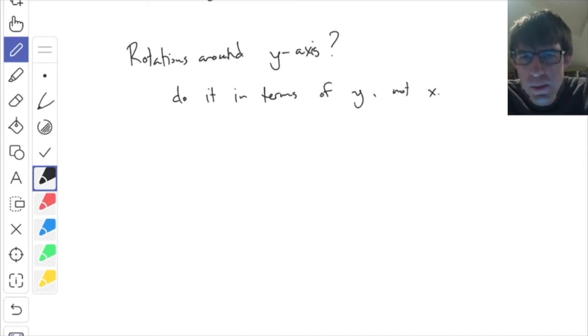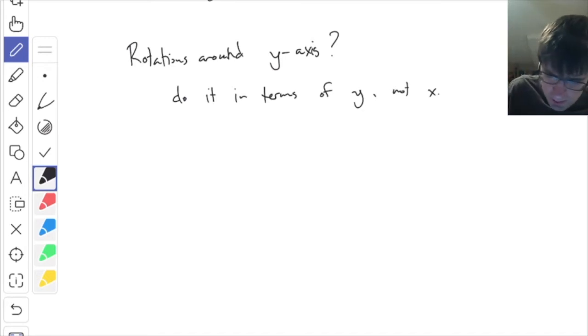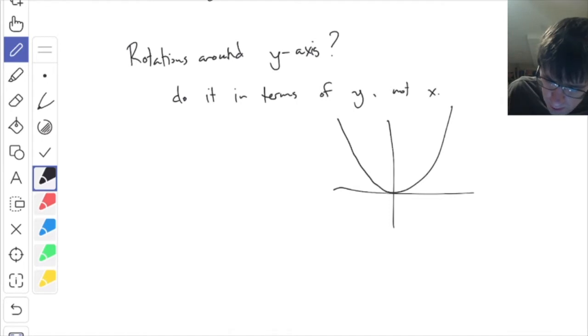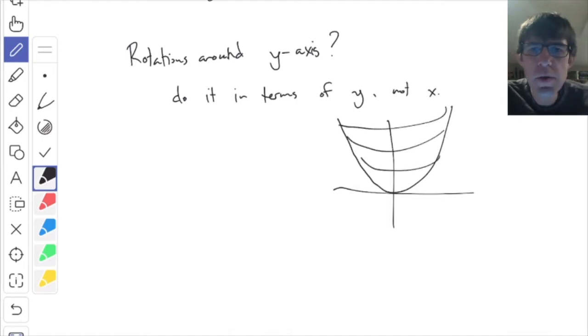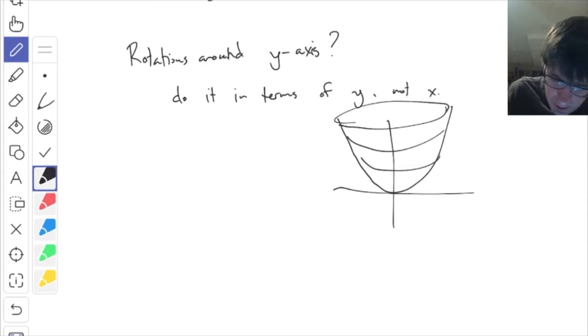We did something similar about area last time between curves going horizontally. Let's just try one simple example like this. How about a shape that you get if you start with a parabola but go around the y-axis this way? There's a name for this volume that you get. This is actually called a paraboloid.